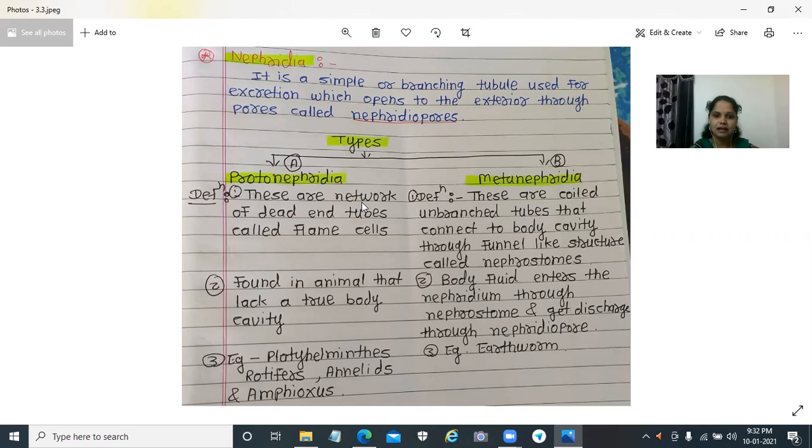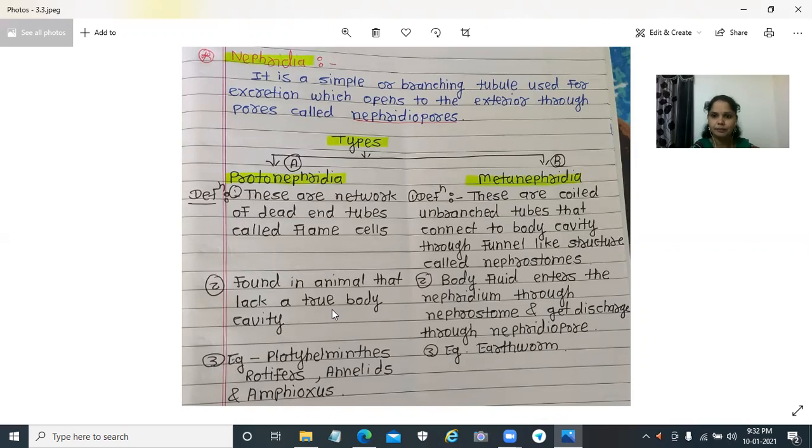Protonephridia are a network of dead-end tubes called flame cells. They are found in animals that lack a true body cavity, meaning they are acoelomate. A means absence of; coelom is the body cavity.